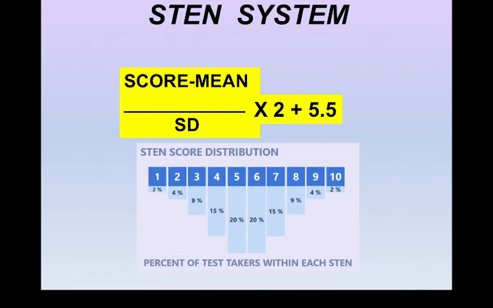So regardless kung ano man yung standard deviation ng population mo, kung baga ipagpapalagay natin lahat ng testing population, ang standard deviation is 2. Yung 5.5 is the mean. Again, regardless of the mean of your testing population in the STAN system, we set it at 5.5. Yan yung gitna, 5.5. So kapag kinompute mo ngayon yan, then yung pinaka-produkto ng formula na yan will be a number anywhere from 1 to 10. And that will determine the STAN, the equivalent STAN of a raw score.